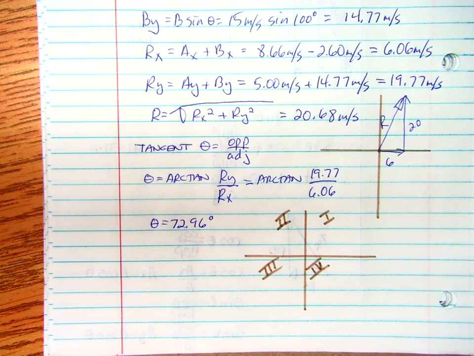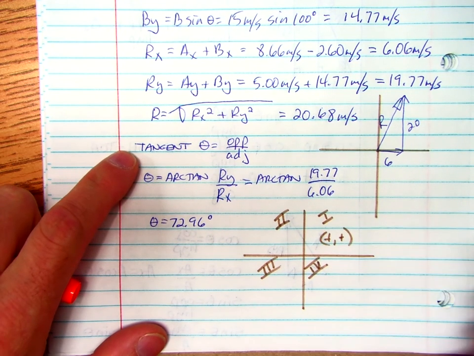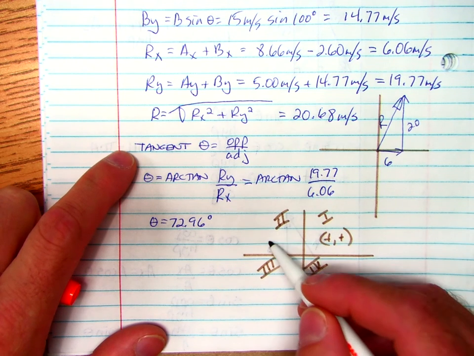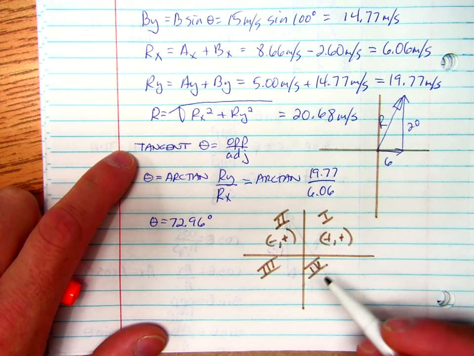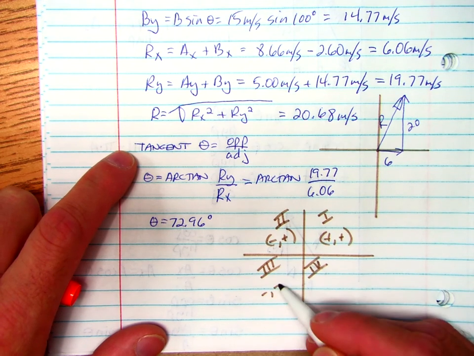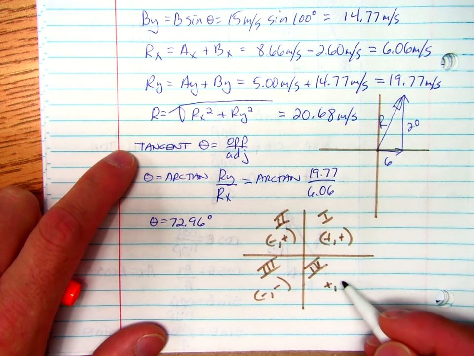All x's and all y's are positive in the first quadrant. All x's are negative and all y's are positive in the second quadrant. Both x and y are negative in the third quadrant. And in the fourth quadrant, we have positive x's and negative y's.